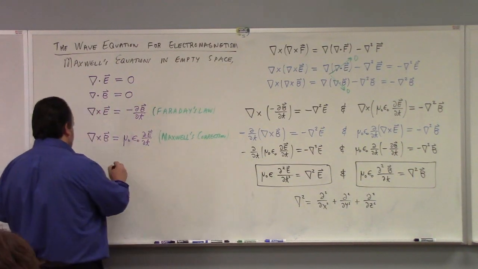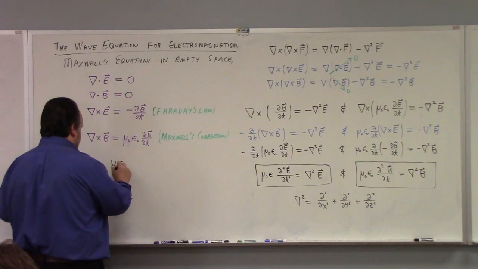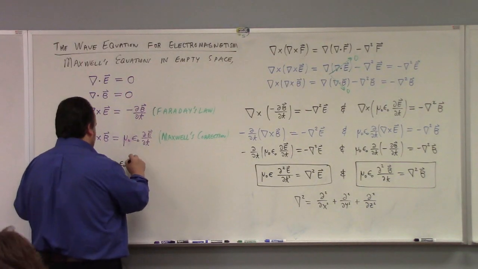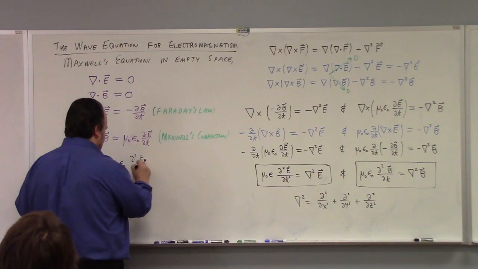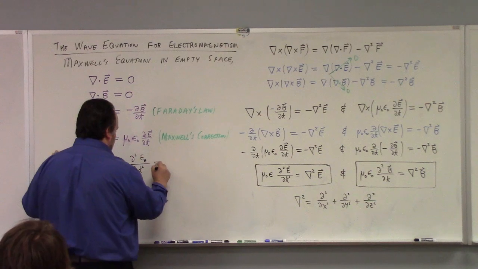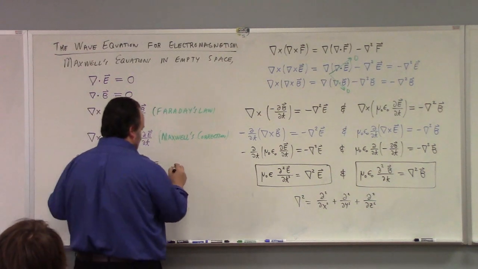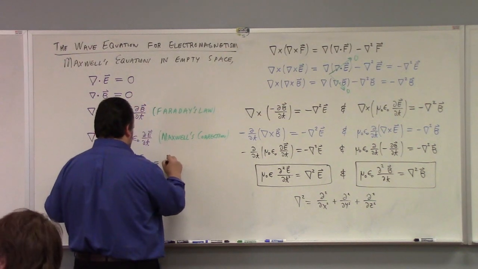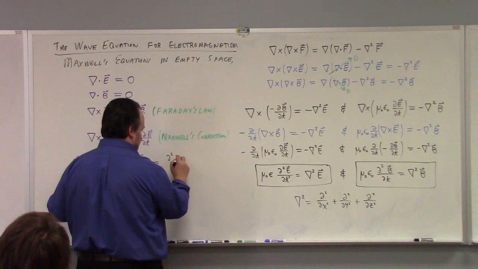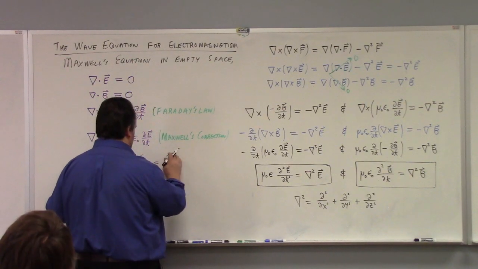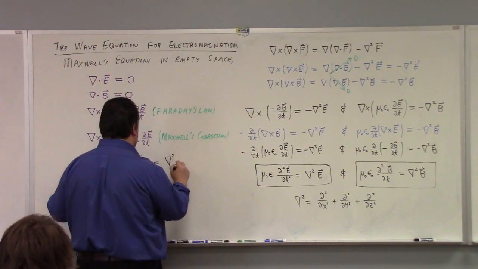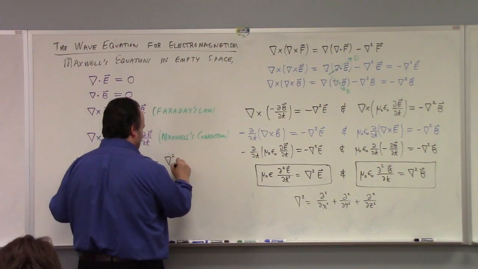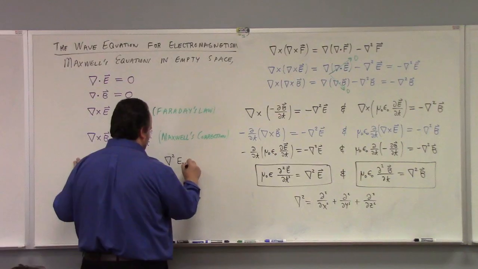For instance, this means we have mu naught epsilon naught partial squared Ez partial t squared is equal to nabla squared Ez.